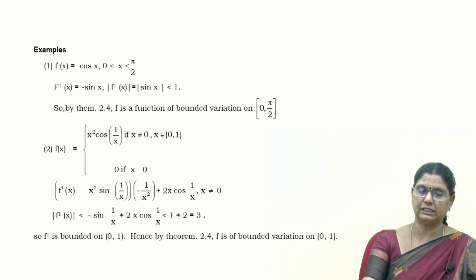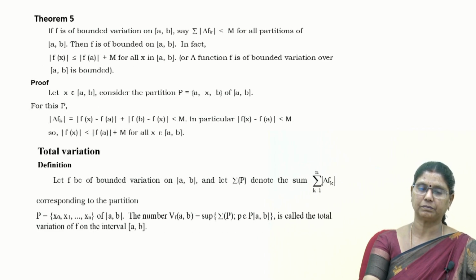Hence f is a function of bounded variation on the closed interval [a, b]. Again, there is an example for the above bounded variation. The fifth theorem states that if f is of bounded variation on the closed interval [a, b], say the summation of |Δf_k| is less than or equal to M for all the partitions of the closed interval [a, b], then f is bounded on [a, b].